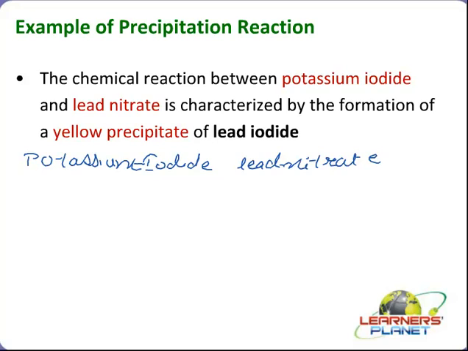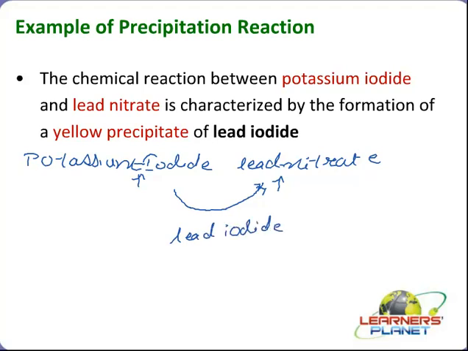So what is happening? This particular bond is being cleaved, and here this bond is being cleaved. And what is forming is, children, a new bond between lead and iodide. Fine? Now what I'll get is lead iodide.